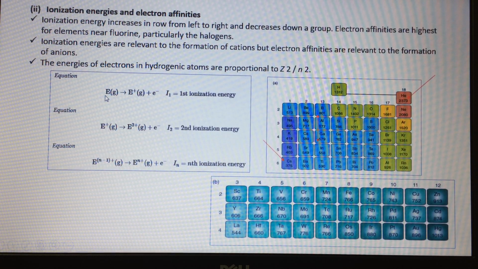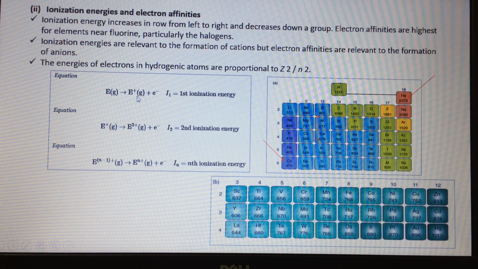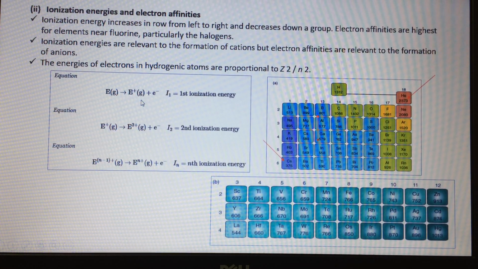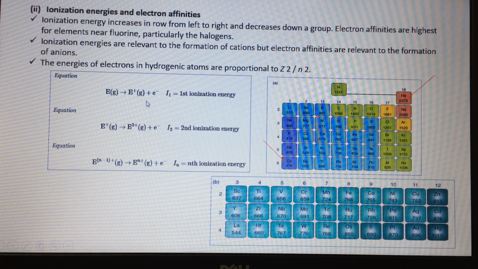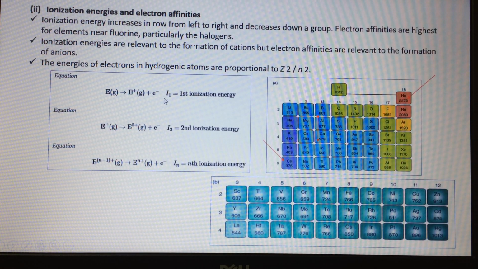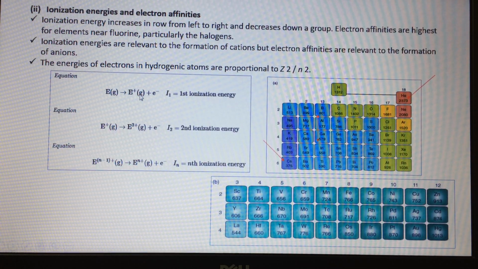See this equation: E in the gas state goes to E plus plus an electron. The first ionization energy is required for the formation of cations.